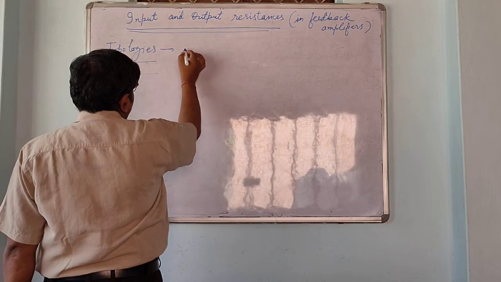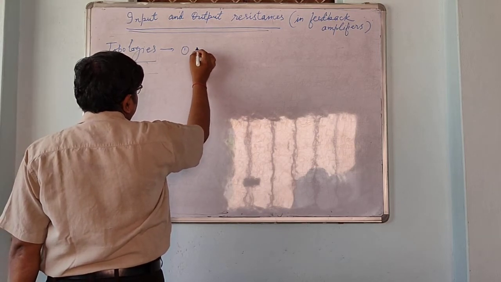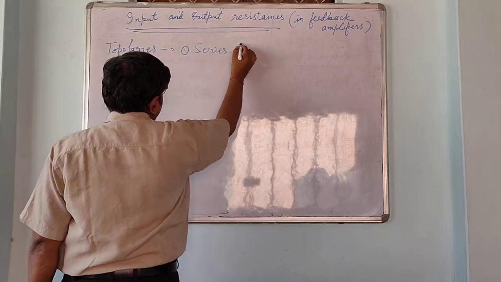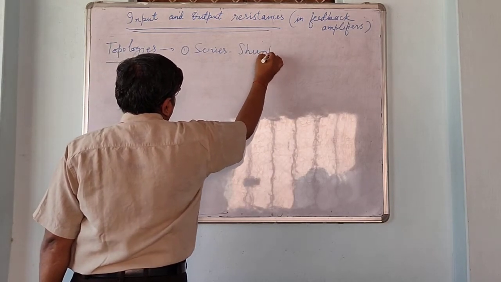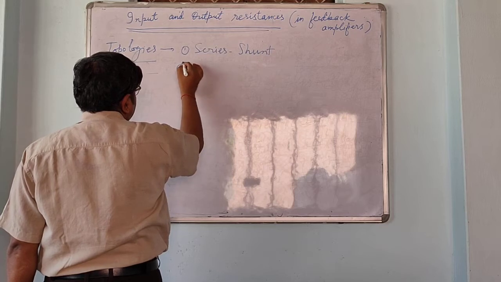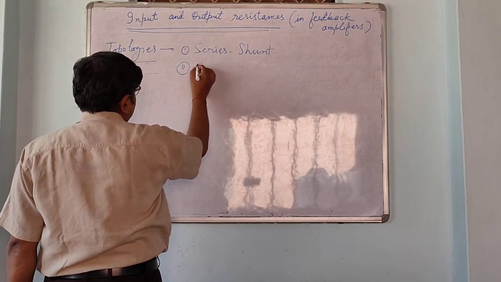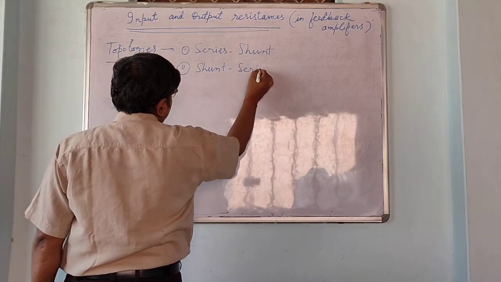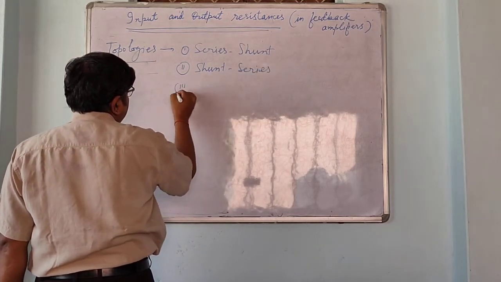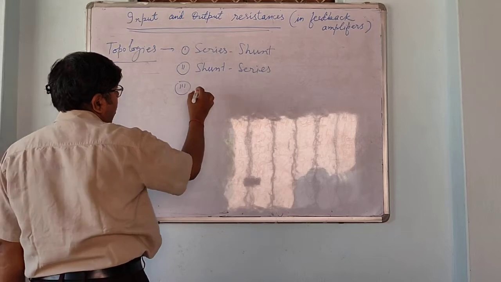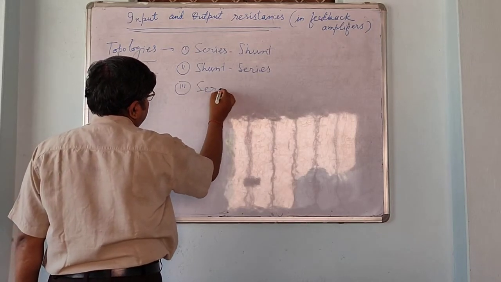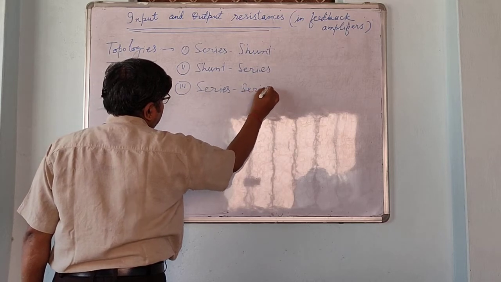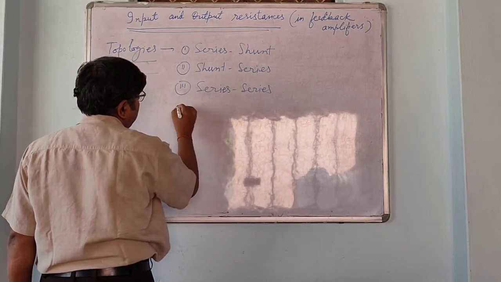Topologies are, first one is series shunt, second one is shunt series, third one is series, and last one is shunt.